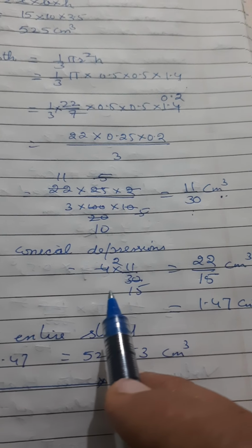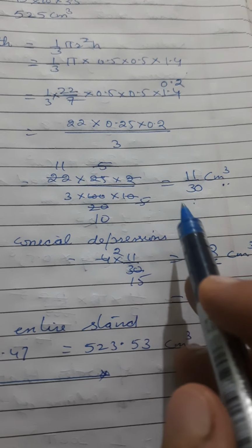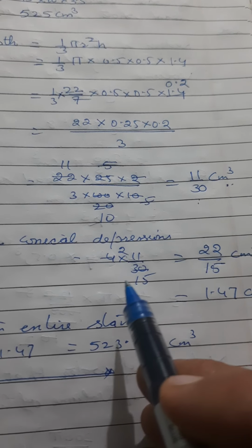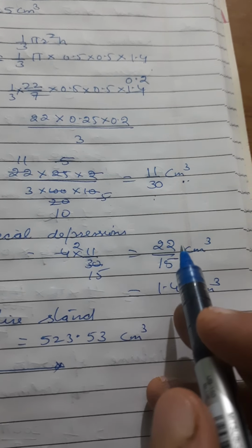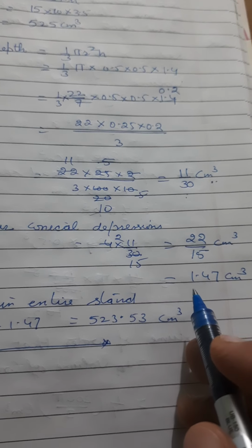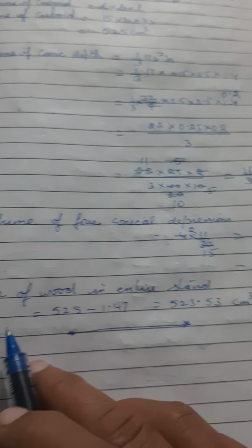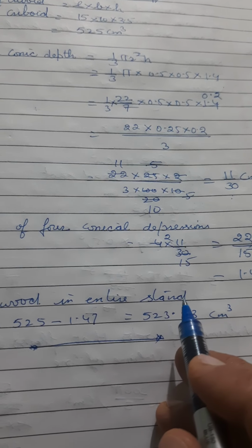Now volume of 4 conical depressions is 4 into 11 by 30. We multiply this because this is the volume of one cone. Then the volume of 4 cones will be 4 into 11 by 30. It is 22 by 15 cubic centimeters. Now volume of wood in the entire stand.